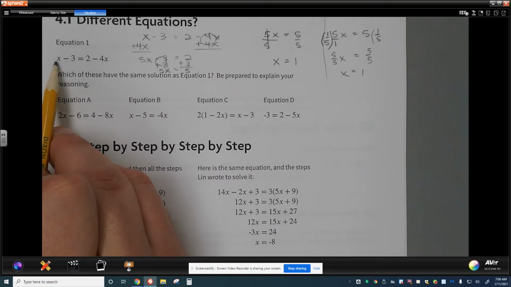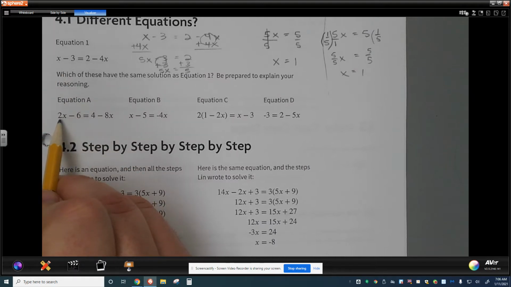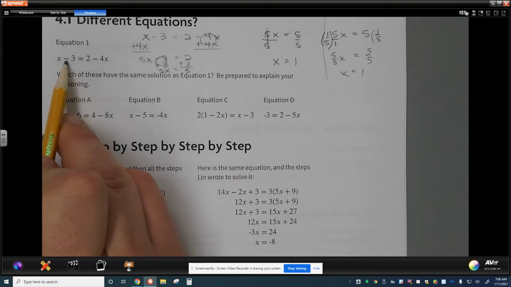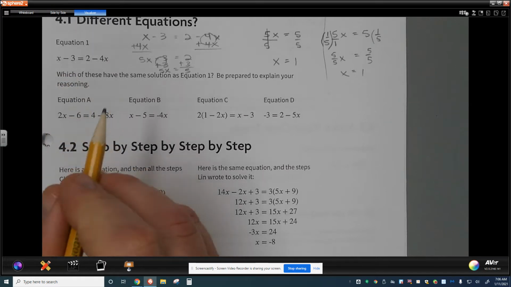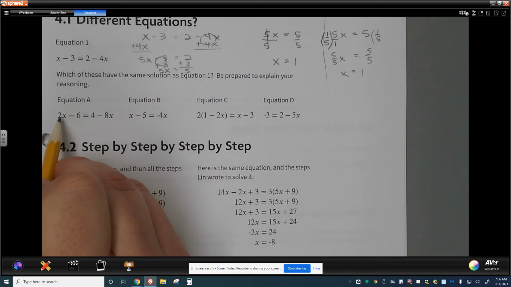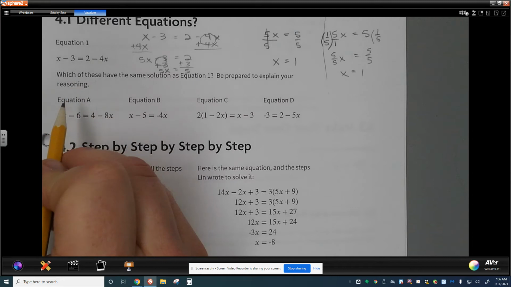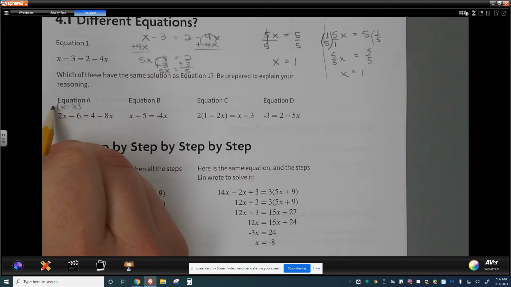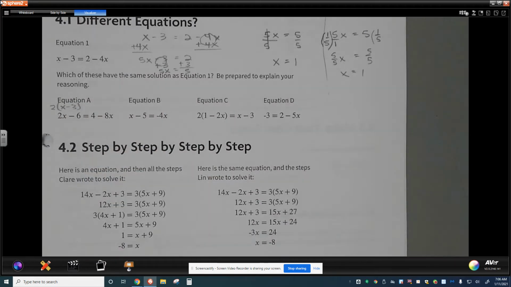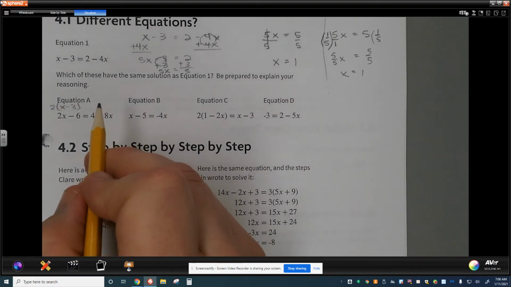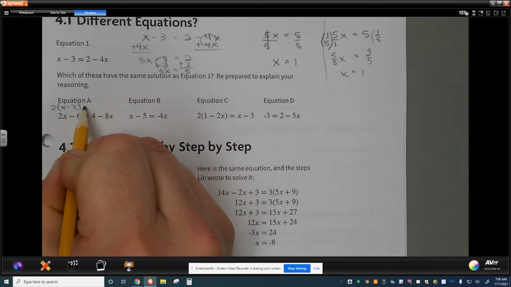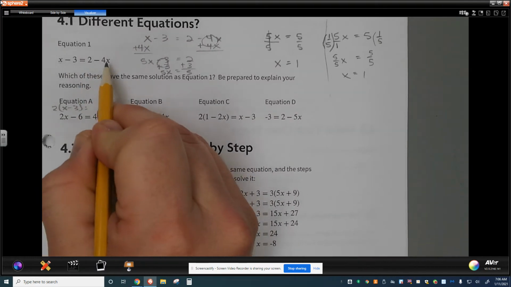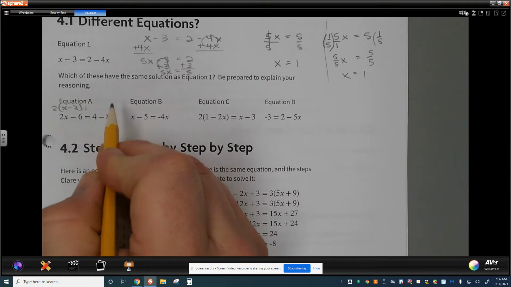I see the first term has gone from x to 2 times x, and then a minus 3 to a minus 6. What I recognize from that is it appears that this expression, x minus 3, has just been doubled. So I get twice the value, 2x minus 6. Let's see if the same thing happened on the right side. I go from 2 to 4 and a minus 4x to a minus 8x.